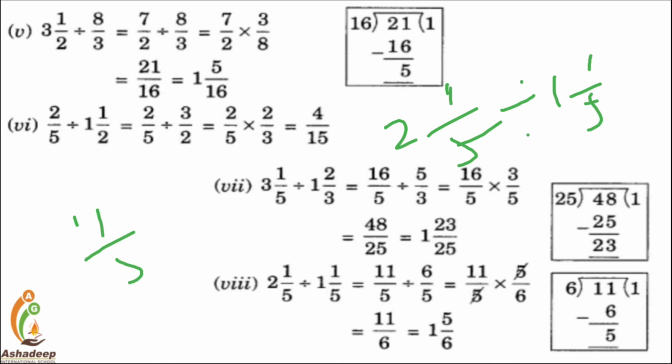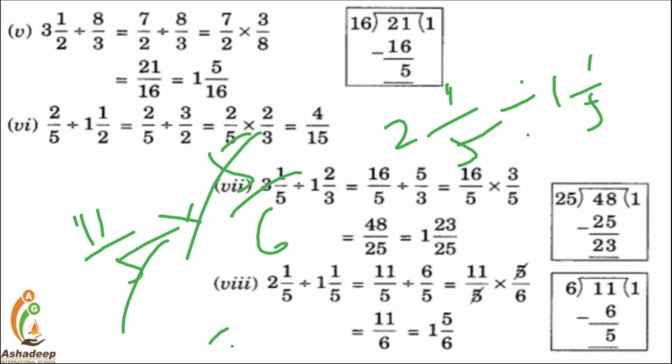Then 2 1 upon 5 divided by 1 1 upon 5. So 11 upon 5 multiplied by the reciprocal of 6 upon 5, which is 5 upon 6. 5 5s cancel, 11 upon 6. Here I am doing it directly, okay, but you have to mention the steps. In the exam it depends on how many marks the question carries, because there is step marking. So for 2 marks you have to write at least 4 to 5 steps.